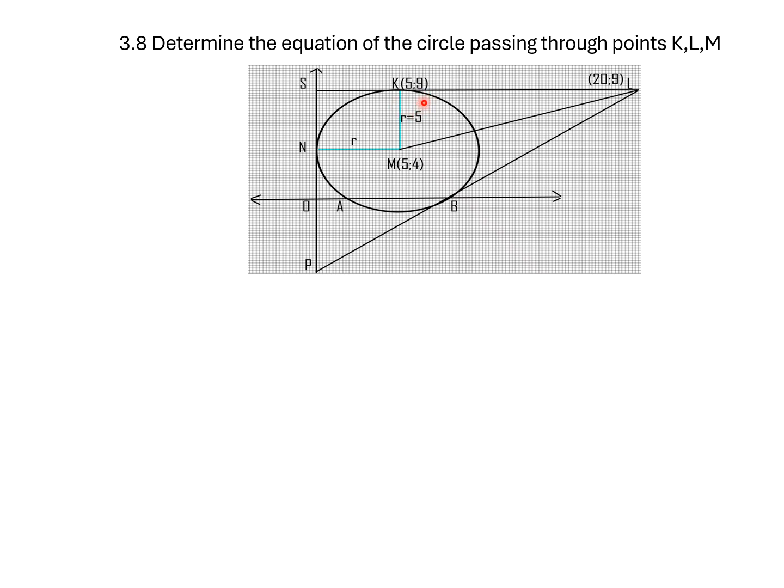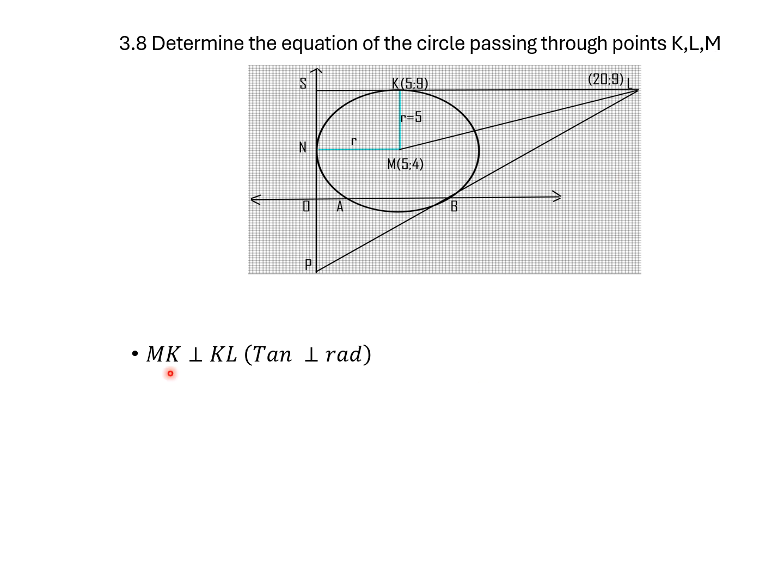So if there's a 90-degree angle and we have a circle passing through these points, that automatically means this must be a diameter, because a diameter subtends a 90-degree angle at the circumference of the circle. If this is a diameter, then I can find half of the diameter to get the radius, and from there I can also get the midpoint, and from there get the equation of this new circle. So that is what they are asking.